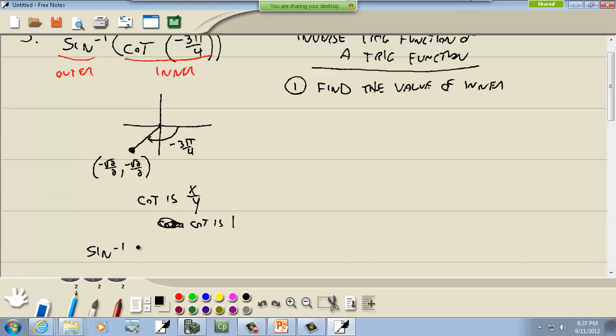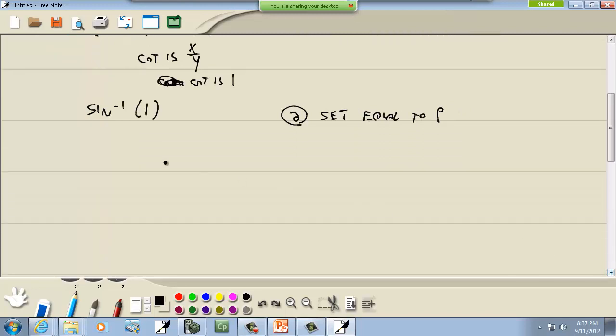So then I have the inverse sine of 1. Now I'm going to set this equal to p. So I got p is equal to inverse sine of 1. I'm going to eliminate the inverse trig function.